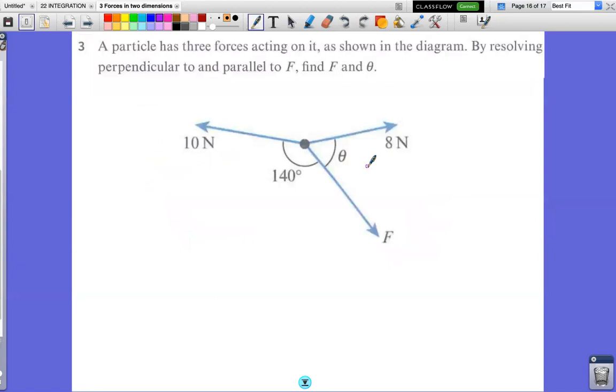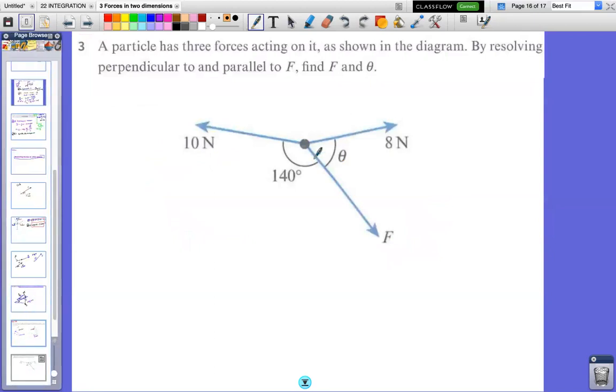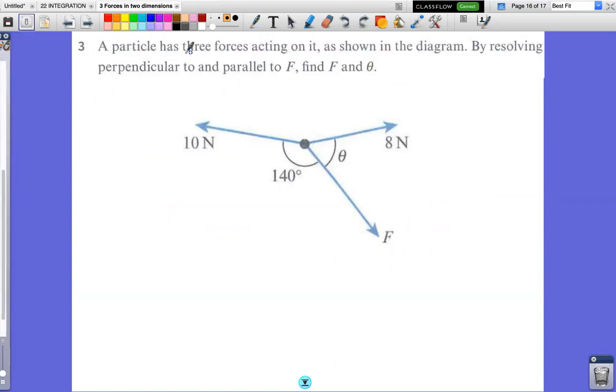Question 3 is a good example to solve on this idea. A particle has 3 forces acting on it, as shown in this diagram. By resolving perpendicular to and parallel to F, find F and theta. Of course, it will be possible for you to resolve these forces horizontally and vertically and still look for F and theta, but this will take you much more time and more work.